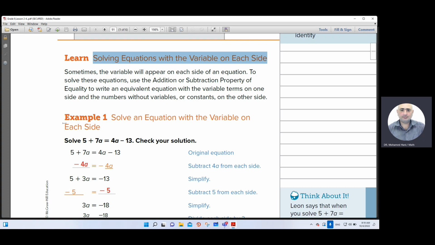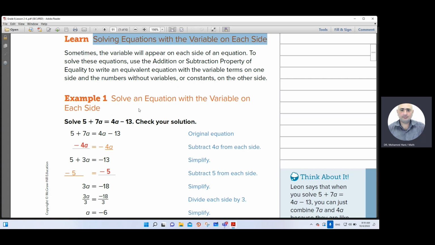To solve these equations, use the addition or subtraction property of equality to write an equivalent equation with the variable terms on one side and the numbers without variables, or constants, on the other side. Listen to this example, please.